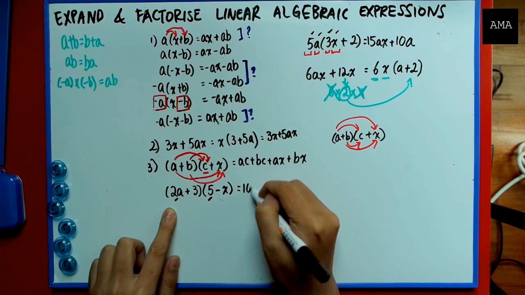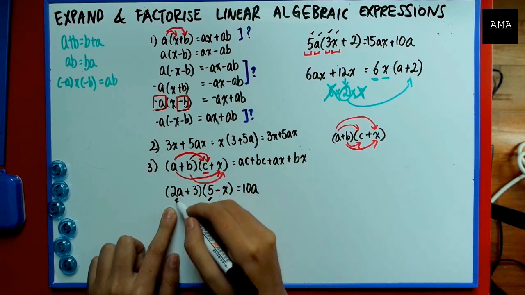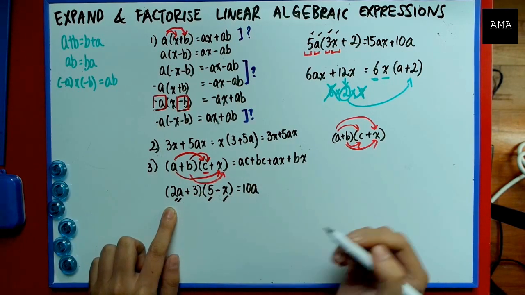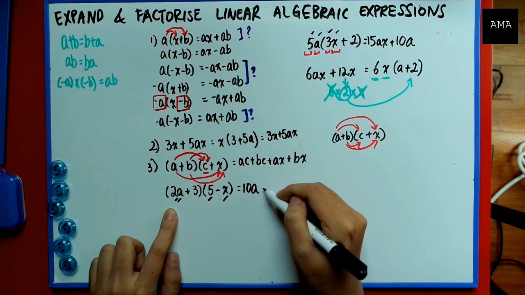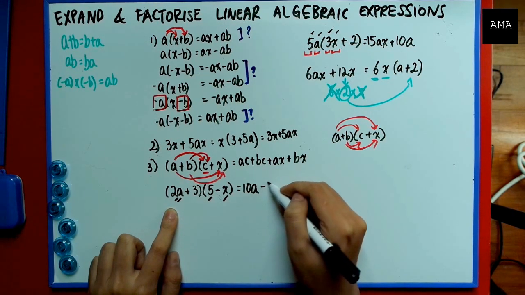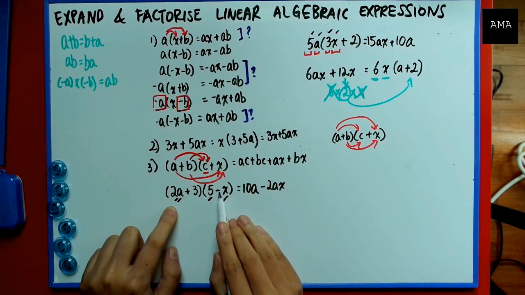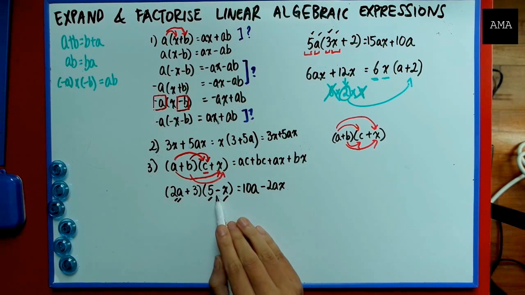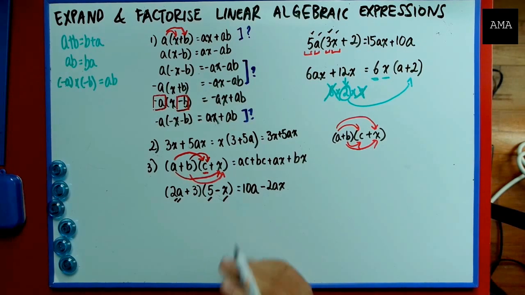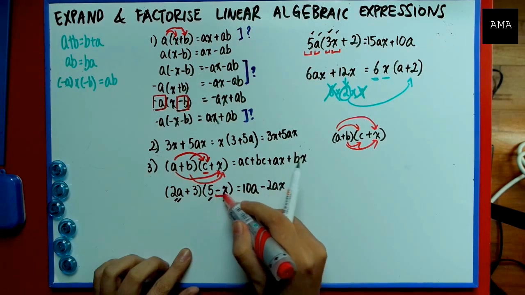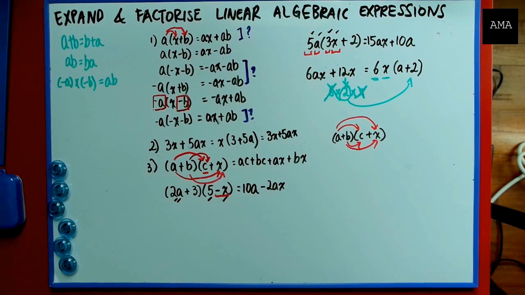I get 10a. Then I do this and this, right? I get minus 2ax. So be careful with your sign because I am multiplying with the negative sign. Okay, you must remember this is one whole thing, okay?